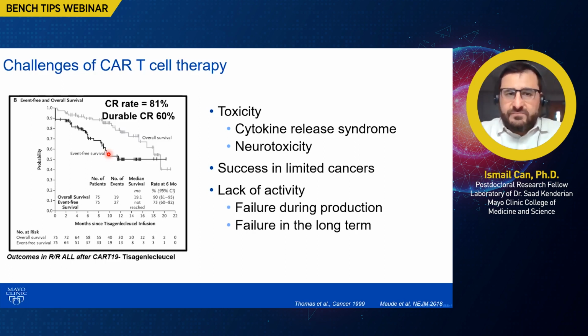Also, as I just mentioned, for some patients the T cells are not good enough, so you cannot produce functioning, active CAR T cells out of them. So there are some failures there, and also failures in the long term, which is my main interest. I'm trying to understand why some patients respond for a while and then stop, and why others have a continuous response.